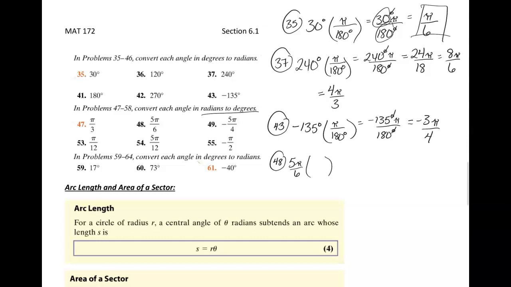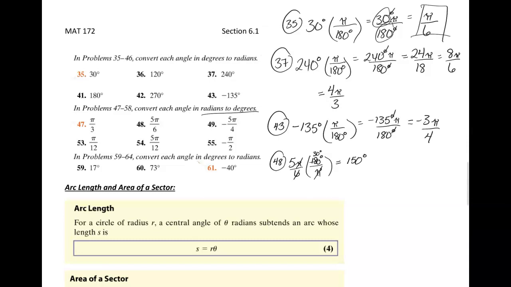We want to convert to degrees, so we want the degrees to be on top. And we know 180 degrees is equivalent to pi radians. So let's do some reducing. You can see the pi's are going to cancel. And 6 actually goes into 180 30 times. So 5 times 30 degrees is 150 degrees.